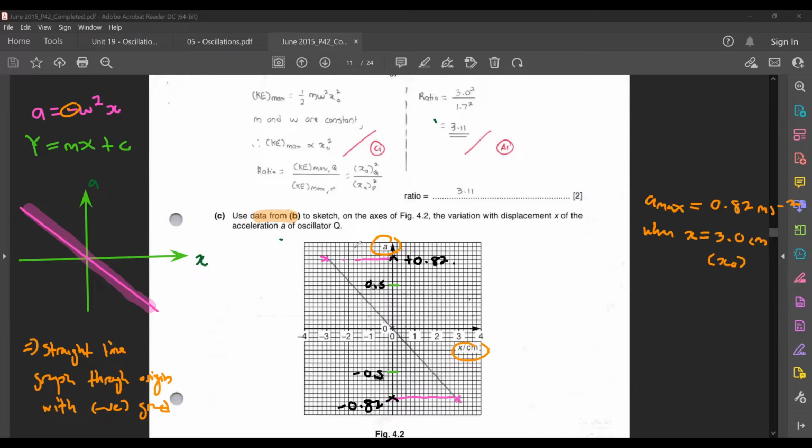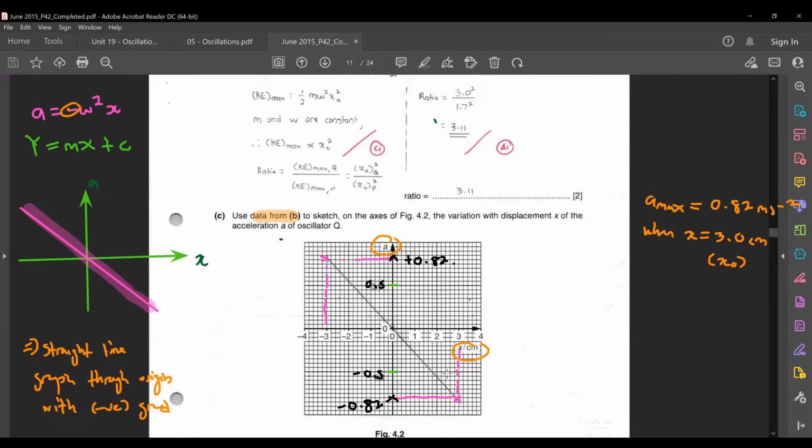Just make sure you draw the thing properly to scale and you should be okay, right? So that's for this question. Now next one would be page 6. If no problems with this, we'll move on to page 6.